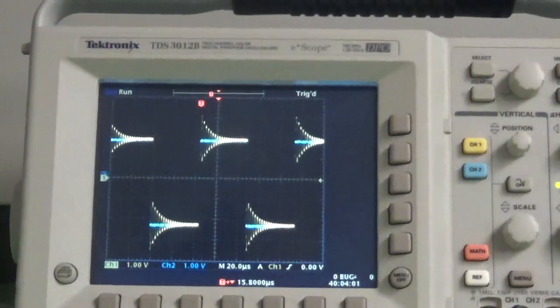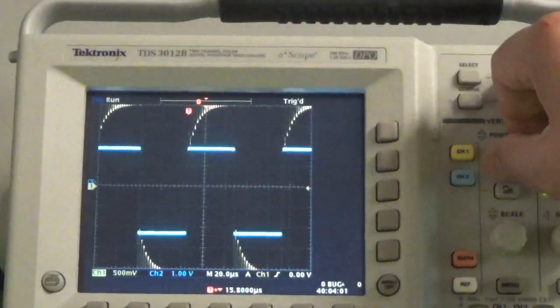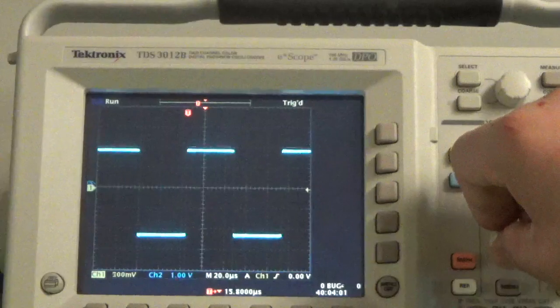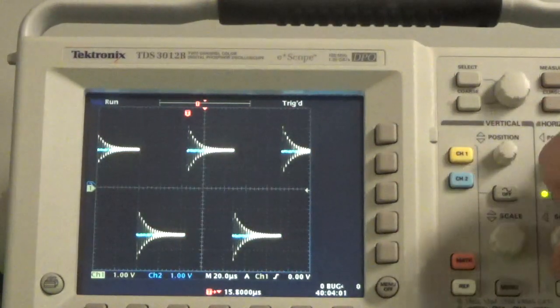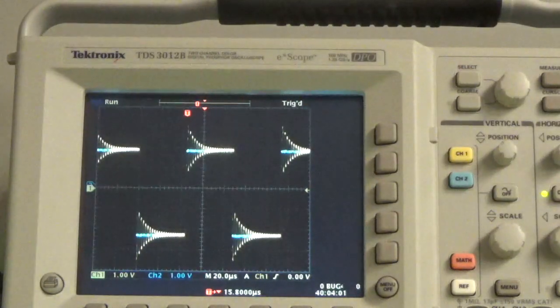We have this nice oscillation here, which is this one. Okay, so that's great.